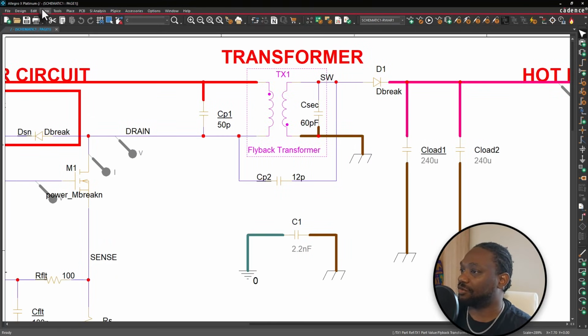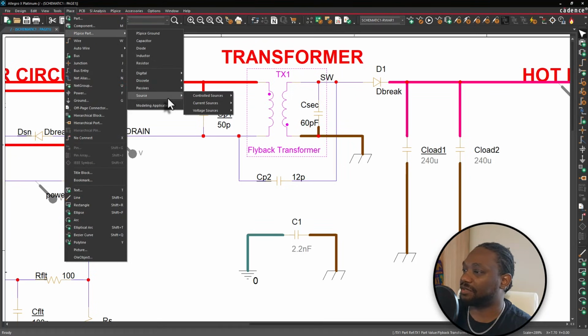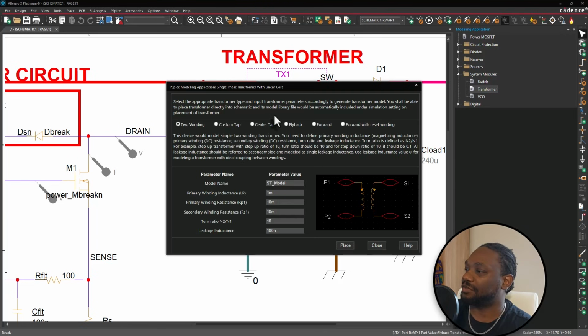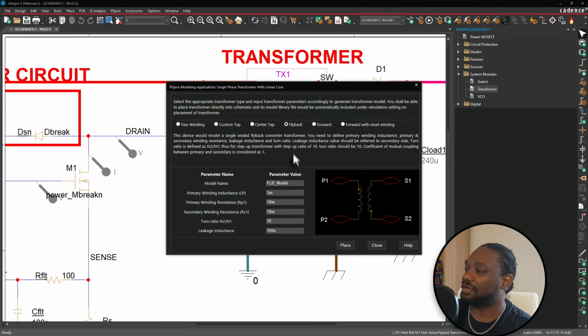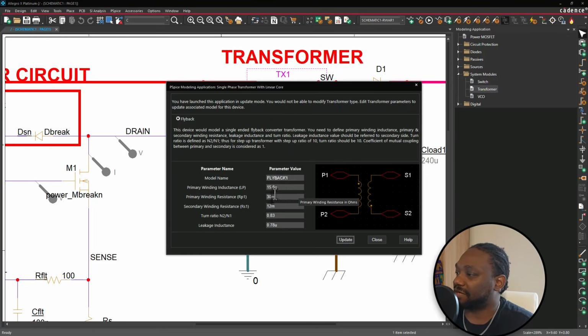You'd get this from your PSpice options. So you can go to Place, PSpice Part, and choose your modeling application. In the modeling applications, it's in the system modules, and it gives you the options for setting your transformer, and I chose the flyback. Okay, so here, if I were to Shift N, let's look at the specs that I set. We have the primary winding inductance, or LP.